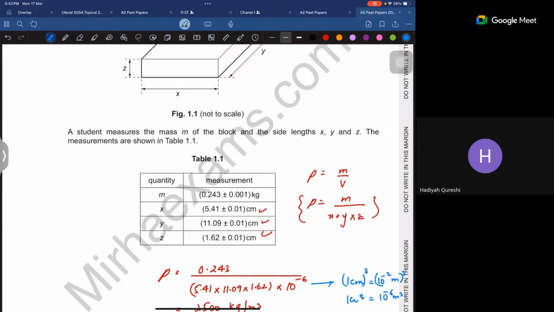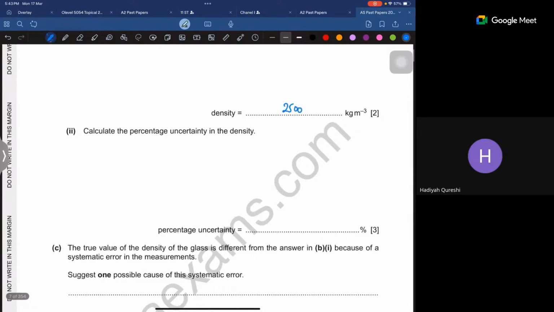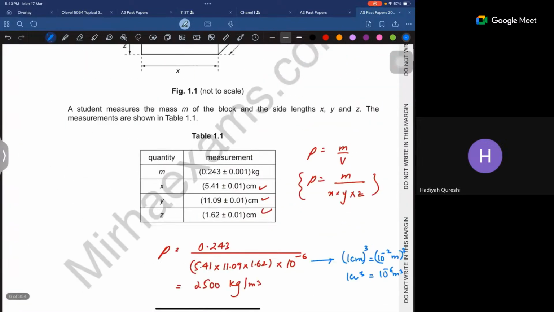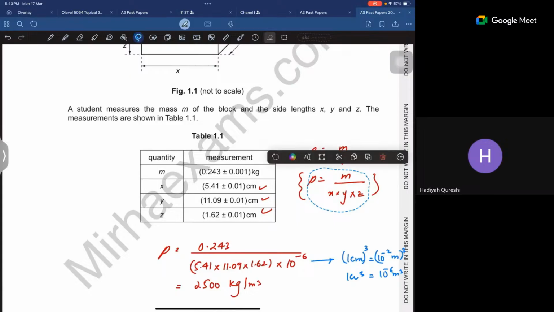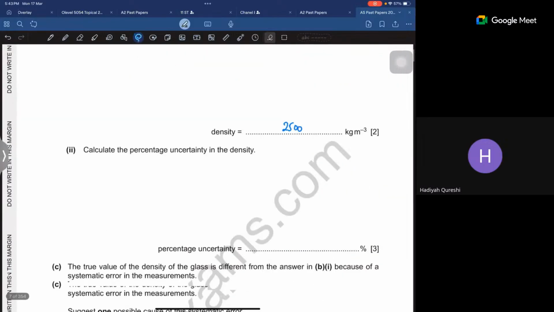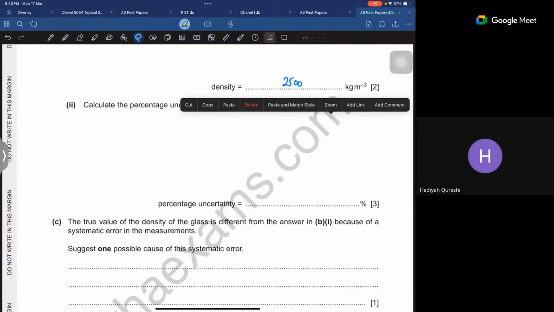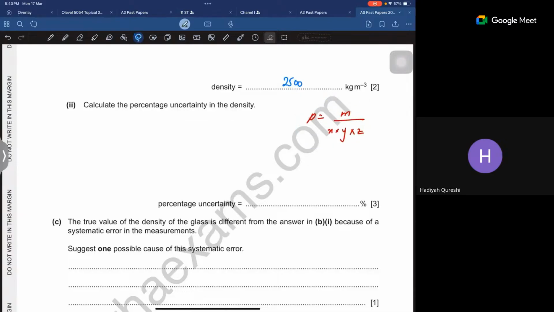All right. Now we are going to see the percentage uncertainty. This is where I said keep this formula, because this formula comes in handy at this point. So I'm going to copy this and put it here.